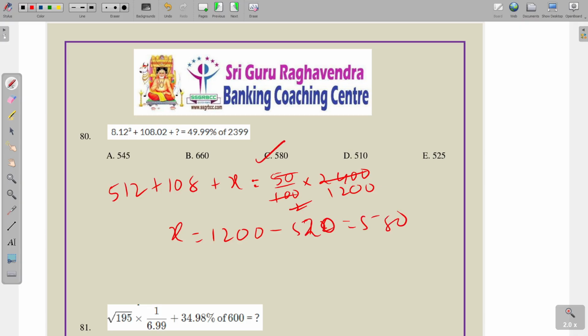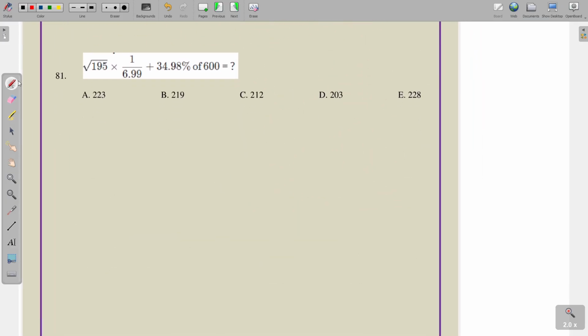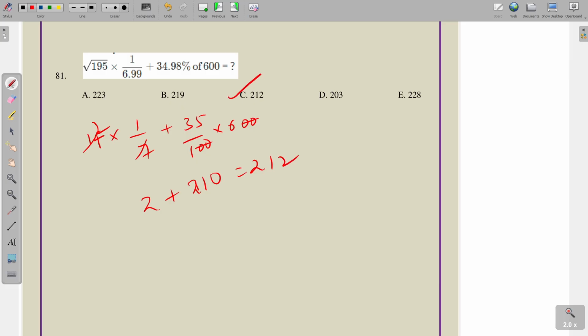The answer is 580. Next one, root 195 is 14 and 1 by 7 plus 35 by 100 into 600, 2 plus 180 plus 30, 180 plus 30 is 210. So total is 212. This is the answer for this question.